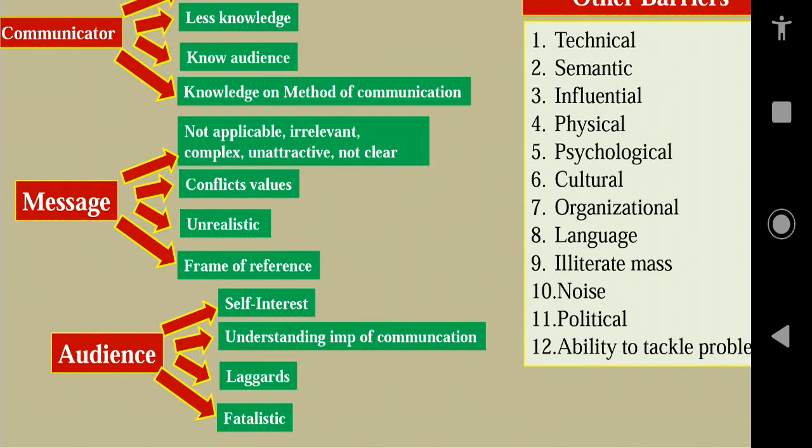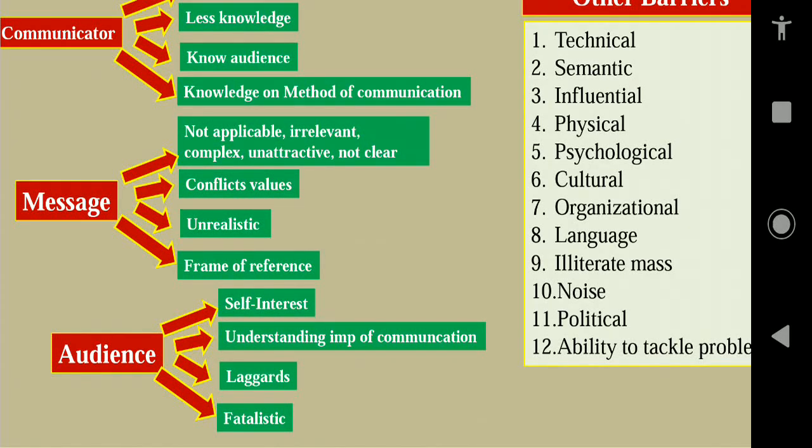If the attitude of the audience is favorable, then the communication process will take place suitably well. But if the attitude is unfavorable towards the communicator, then the communication process will be hindered. It is the role of the communicator to make the audience's attitude favorable towards him.